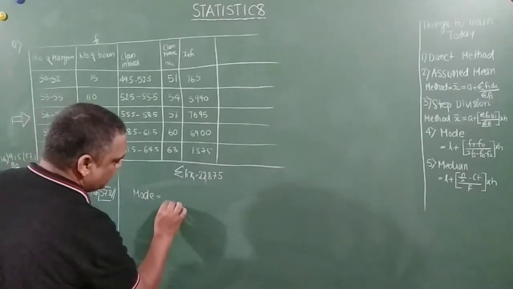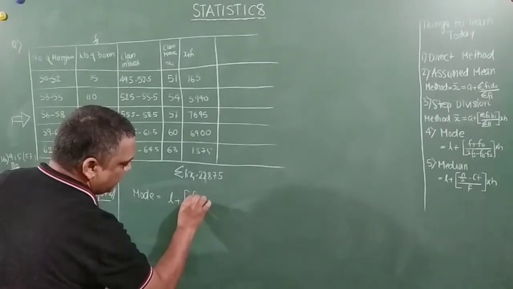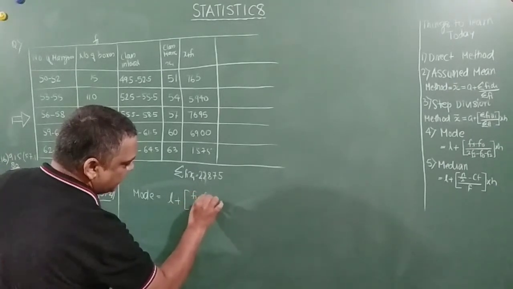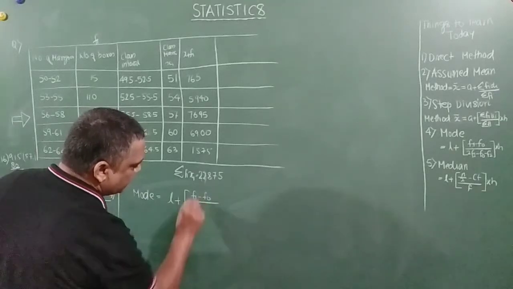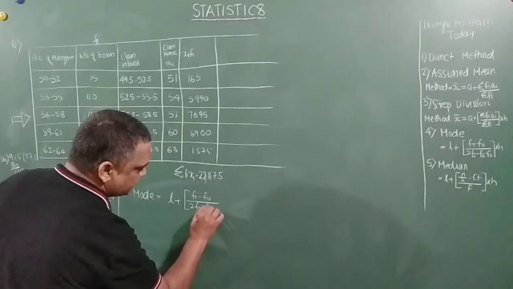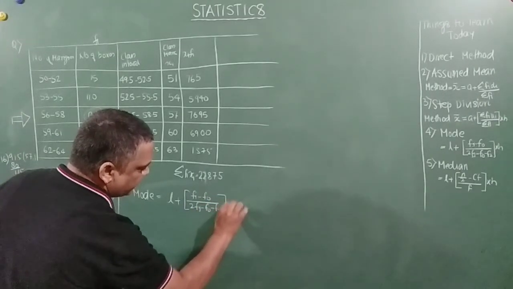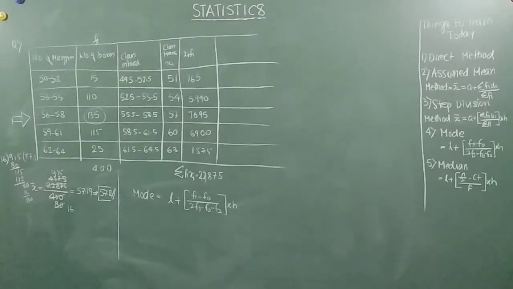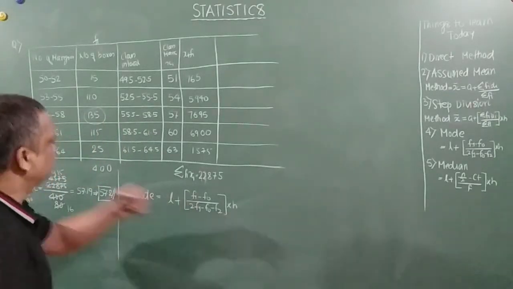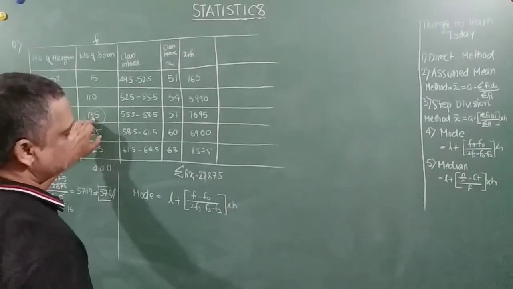Mode is equal to L plus F1 minus F0 divided by 2F1 minus F0 minus F2, into H, right?